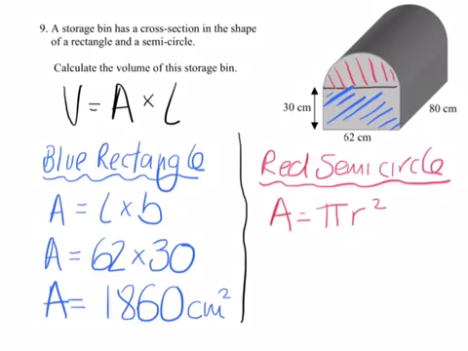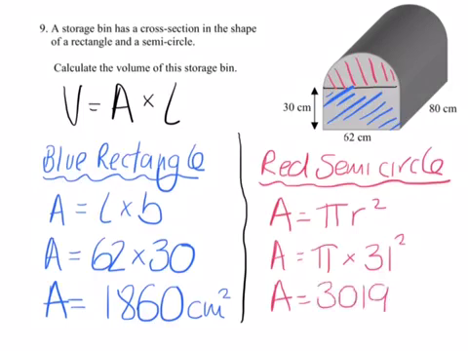We now want to substitute that into a formula, so the area is equal to pi multiplied by the radius, which is 31 squared. If we do this on our calculator, then we get an answer of 3019 with several decimal places. Now that's the area of a circle.